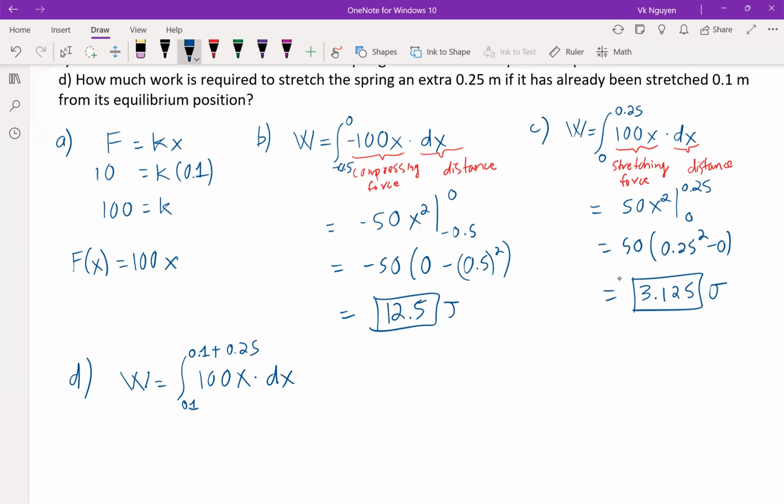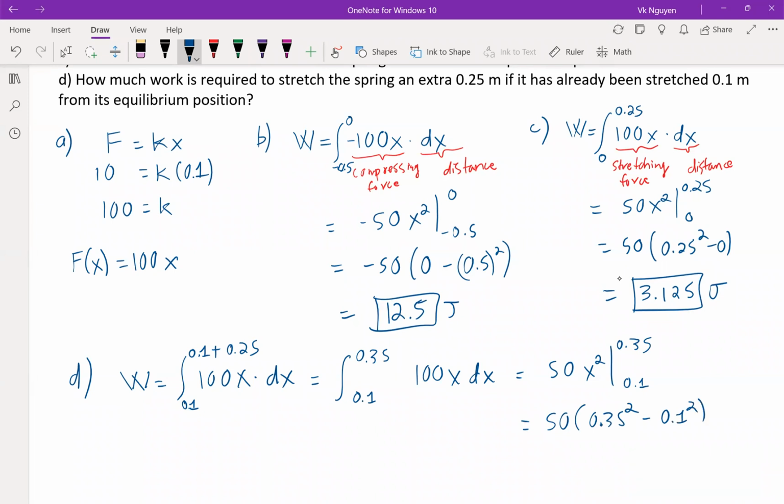So this is the integral from 0.1 to 0.35 of 100x dx, which is 50x squared from 0.1 to 0.35. 50 times 0.35 squared minus 0.1 squared, and that gives us 5.625 joules.